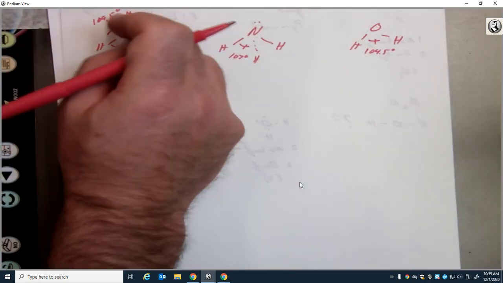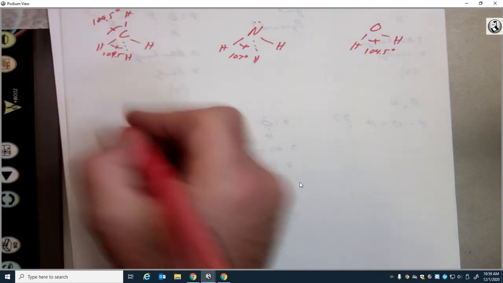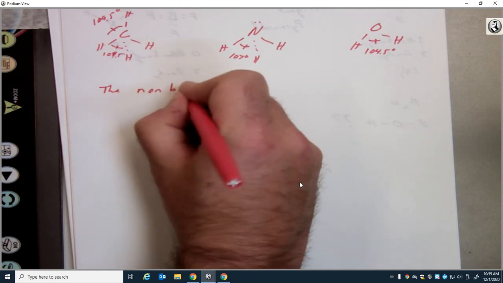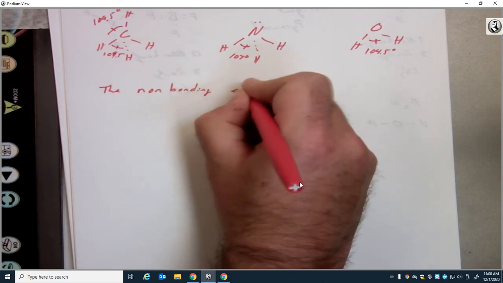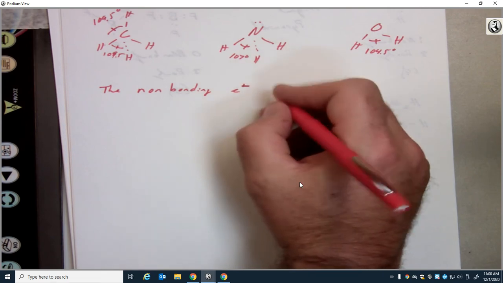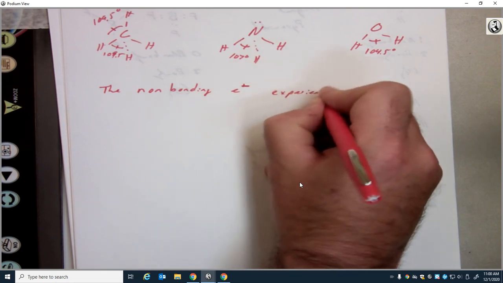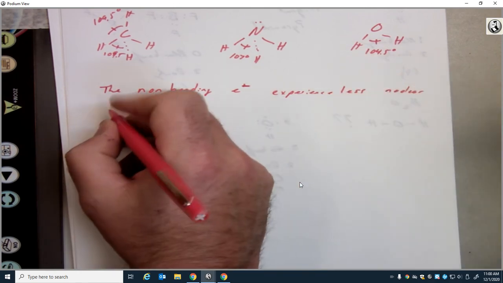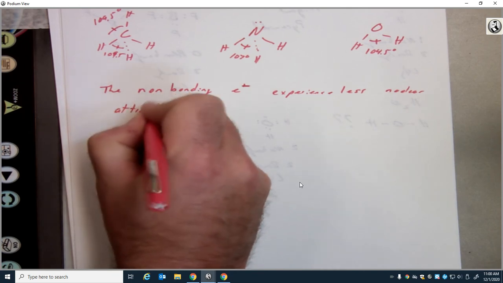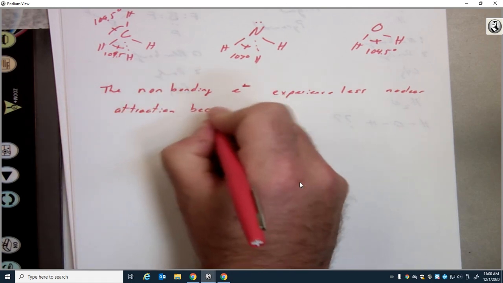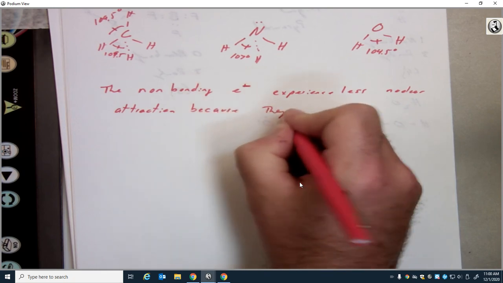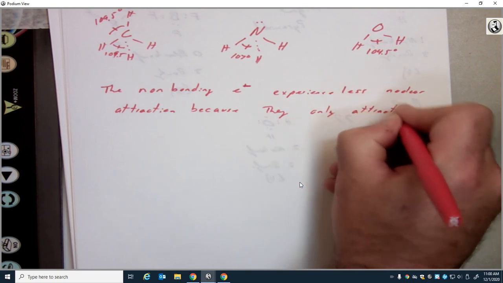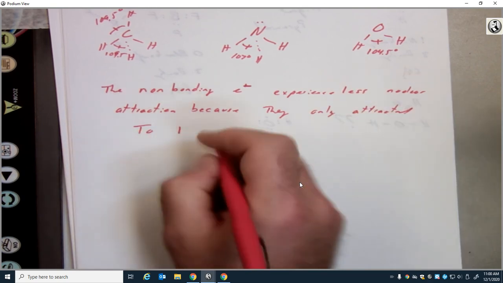Well, they're having a greater effect than bonded electrons, and this is why. The non-bonding electrons experience less nuclear attraction because they are only attracted to one nucleus.